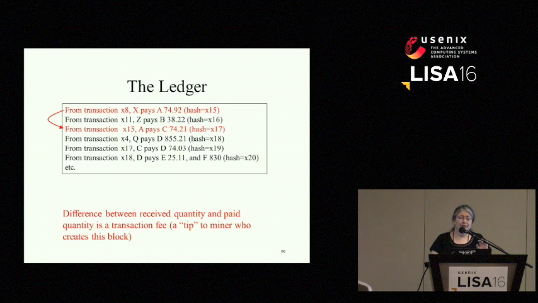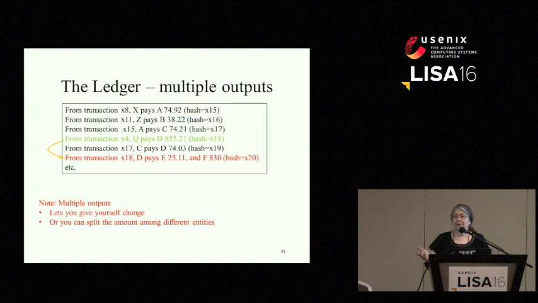The difference between the received quantity and the paid quantity matters, because in the transaction with hash X15, A received 74.92 bitcoins, but in the transaction 2 down, A is paying only 74.21, and so the remainder is a kind of transaction fee, a tip to the miner that gets this block, so they get the remaining bitcoins.